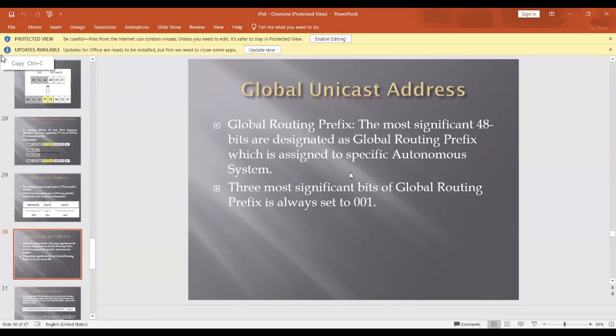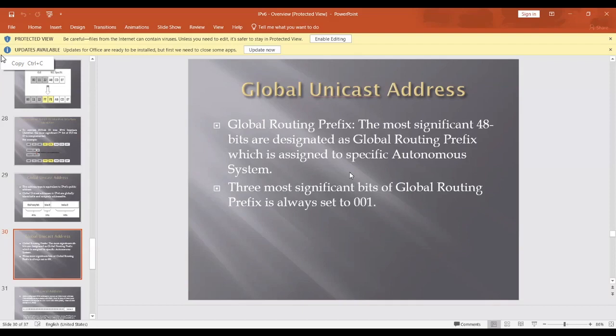So this global routing prefix is assigned to a specific autonomous system. With that autonomous number, each and every ISP can be recognized in public communication. The autonomous system means a particular network system which is under a single administration. So that is called an autonomous system.